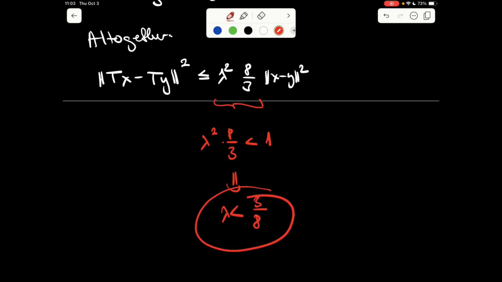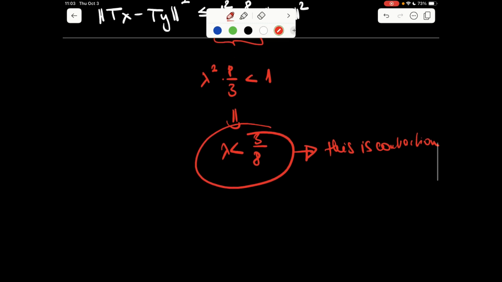If this condition holds, this is a contraction mapping. So you can see that we can constrain mappings to be contraction mapping. This is what I wanted to show you.